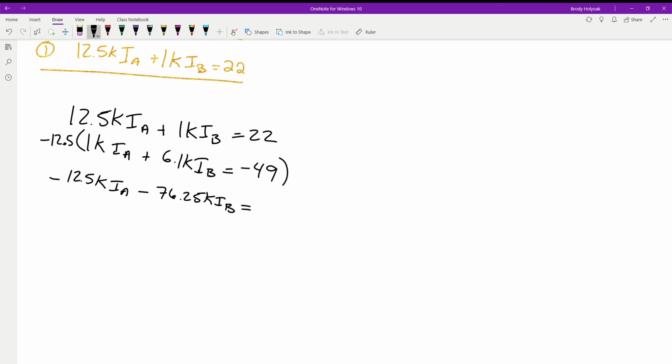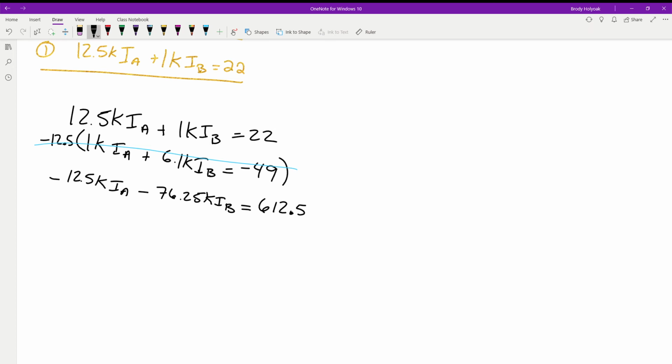And that's equal to a positive 612.5, because we have a negative times a negative, that becomes positive. So now, this equation goes away, just so we don't get it confused. Maybe what I'll do is draw a thin line through it, so we can still see it, but we're not worried about it.